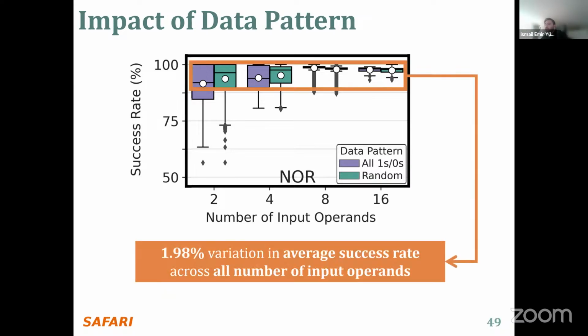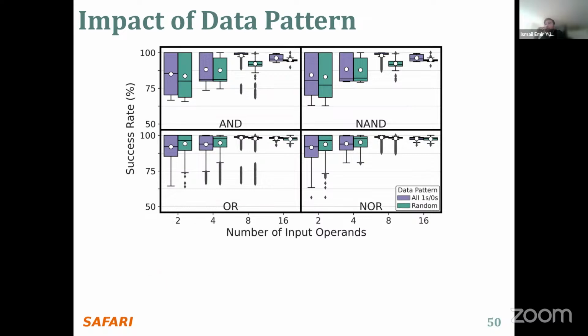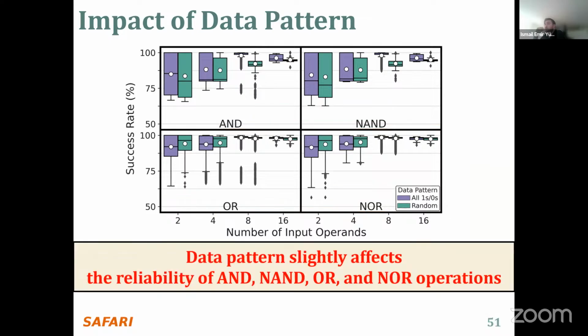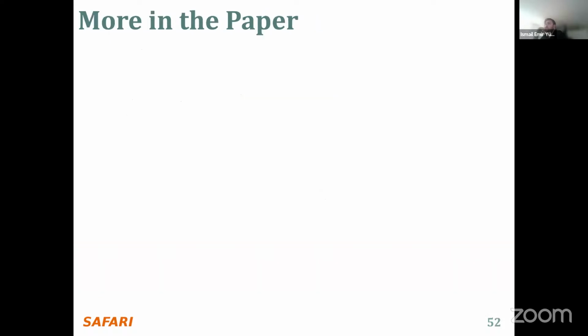We observe that there is less than 2% variation in average success rate across all numbers of input operands. And this is consistent across all tested operations. And we conclude that data pattern slightly affects the reliability of AND, NAND, OR, and NOR operations.